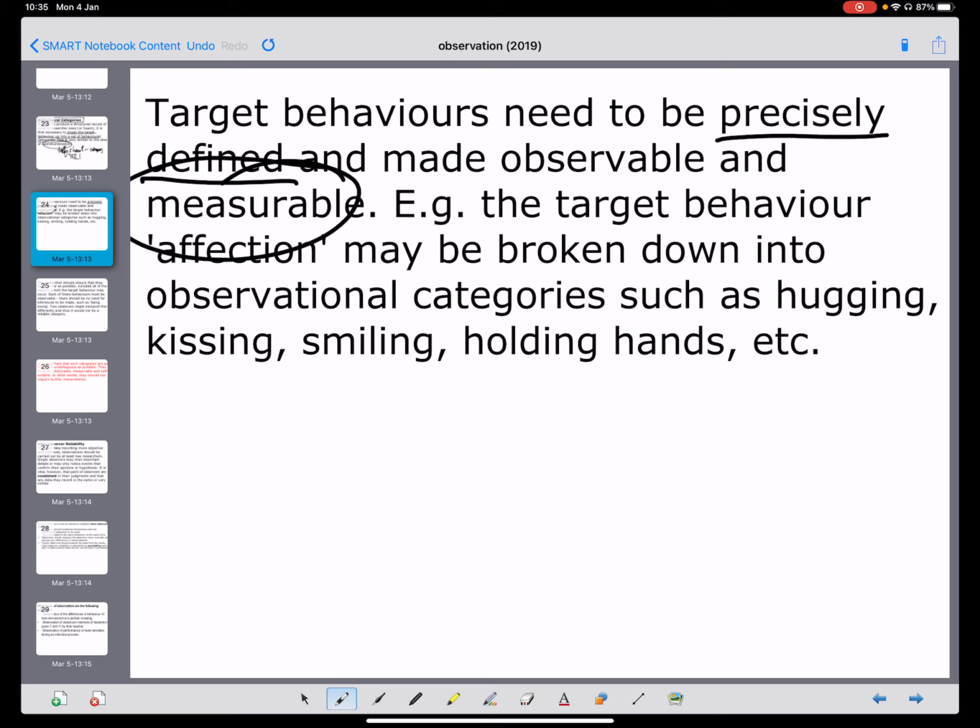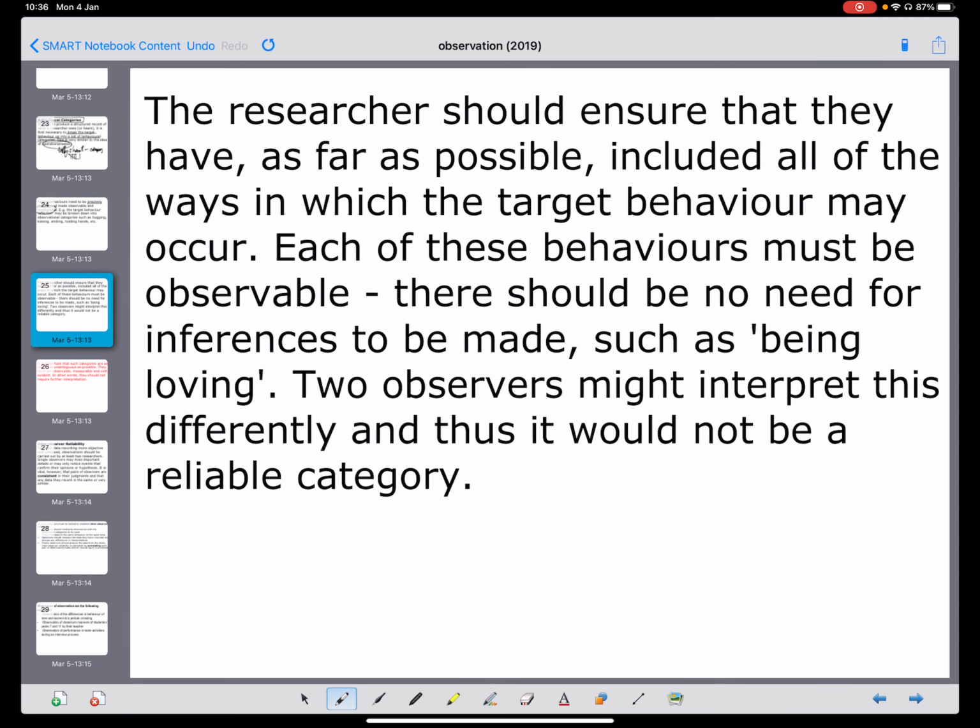Maybe look at your family and see, okay, if I was trying to decide whether there's more hostility between your siblings, what type of behavior could I define hostility in terms of? Maybe physical violence, verbal being shouting, screaming, swearing, things like that. So it's always specific to the environment.